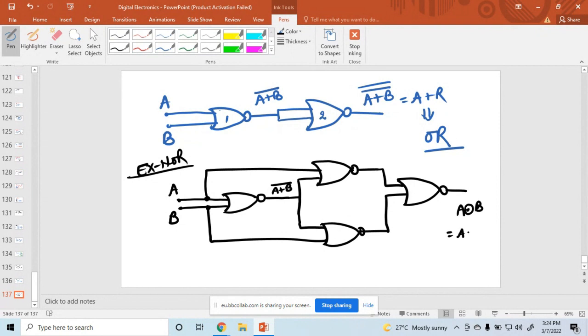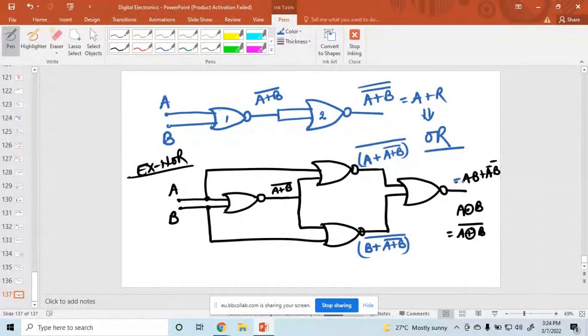Its value is called A XOR B bar, and this value is AB plus A bar B bar. So what is the value here? Here the value is A plus B bar whole bar, and similarly here the value is B plus A plus B bar whole bar.